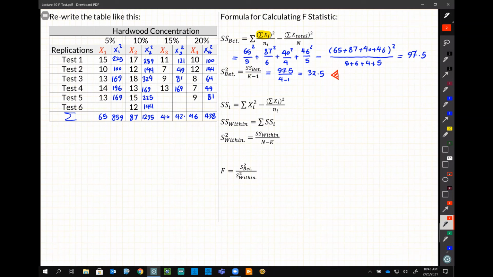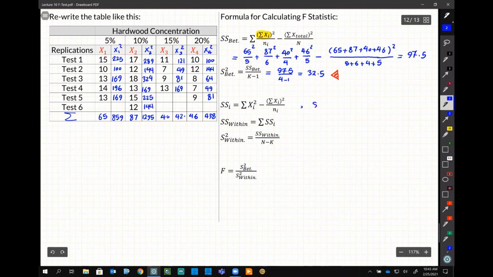We'll do the same for the within groups. First, we need to find the sum of the SS, right? So this guy is equal to the sum of them. For this one, oh, we have that number here, 85.9. Oh, let's do it one by one.